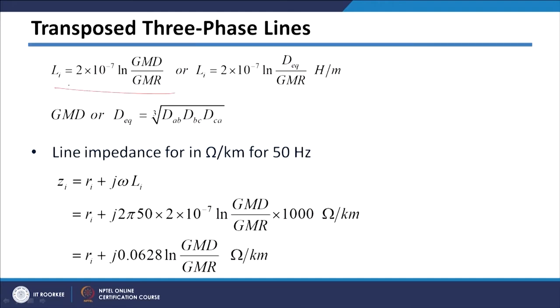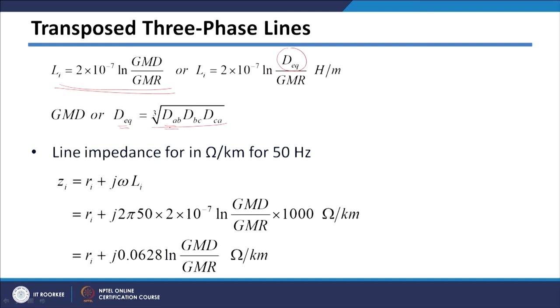So, we know that this is your formula, which is 2 into 10 raised to minus 7 natural log of GMD by GMR, or sometimes instead of GMD they say D equivalent, and this GMD or D equivalent is given by cube root of DAB multiplied by DBC multiplied by DCA, and these are nothing but the distances between the conductors.